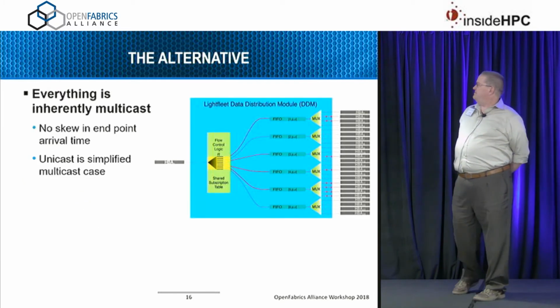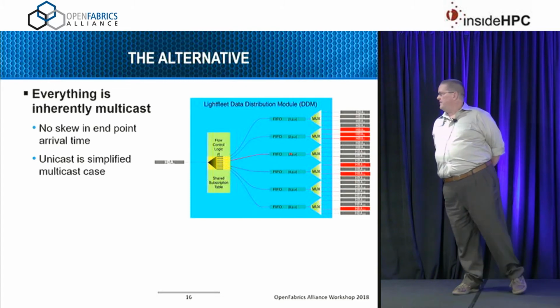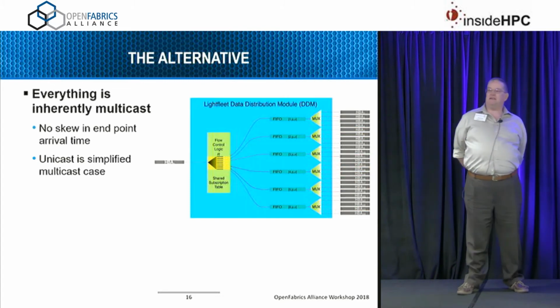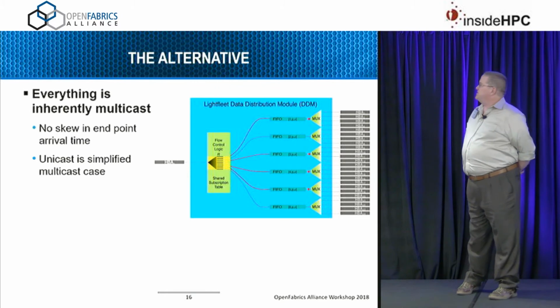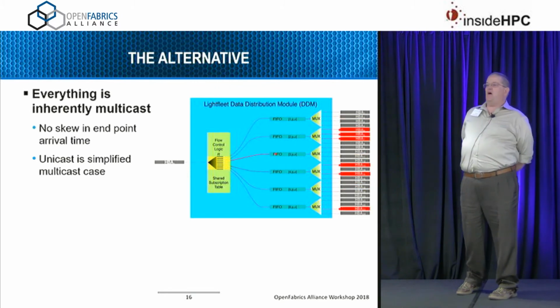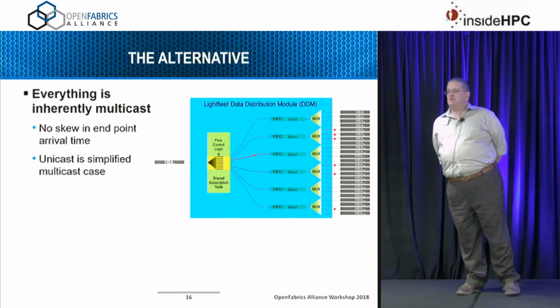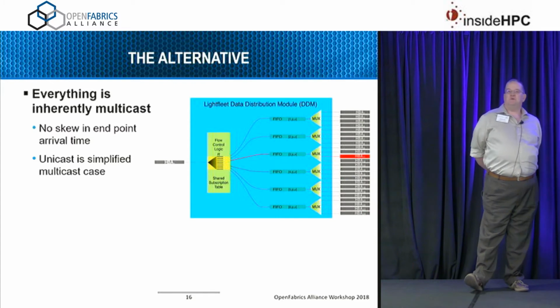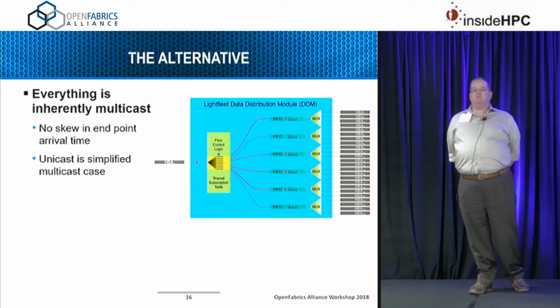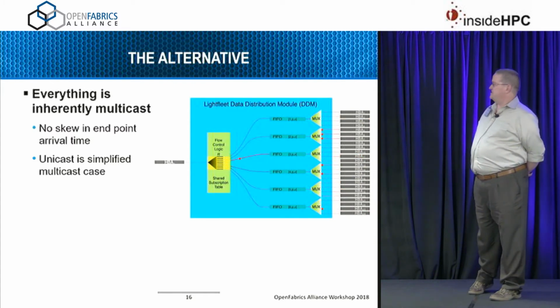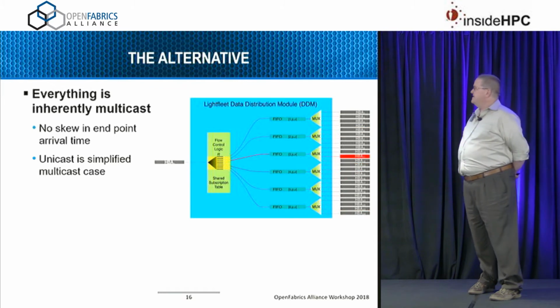Now it'll run. This little animation on the right-hand side of the slide is a very high level depiction of how our fabric actually works. But the key thing about this is that everything that we do is inherently multicast, with unicast being a special case of multicast that we handle just as well as a multicast packet.